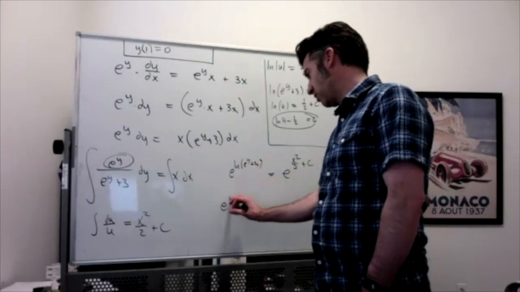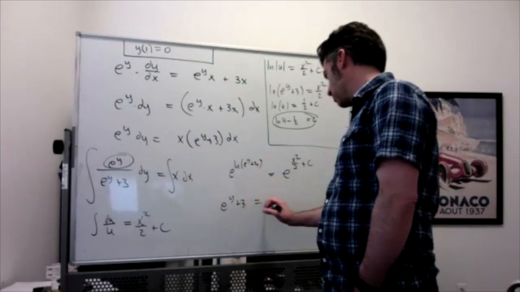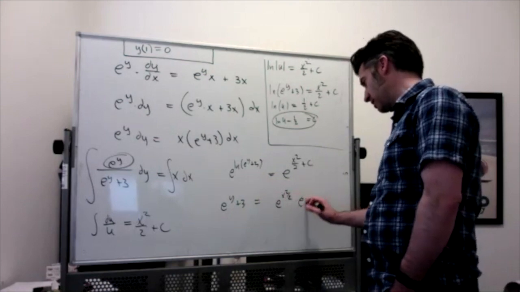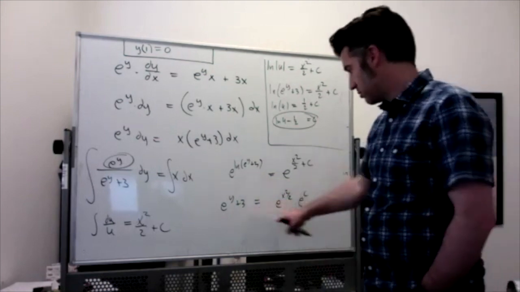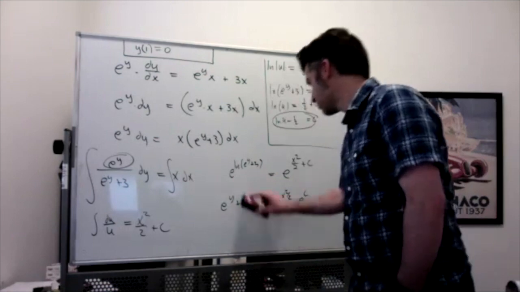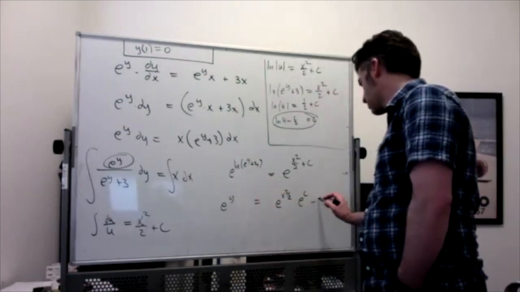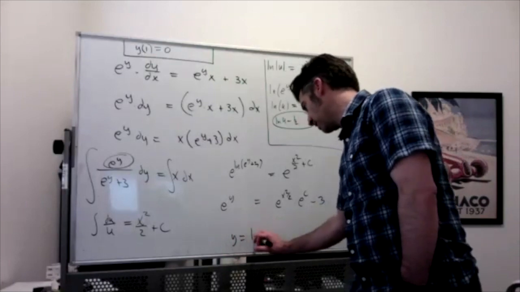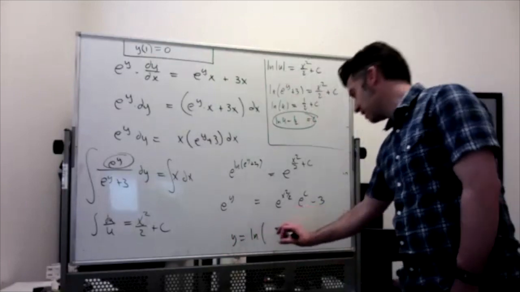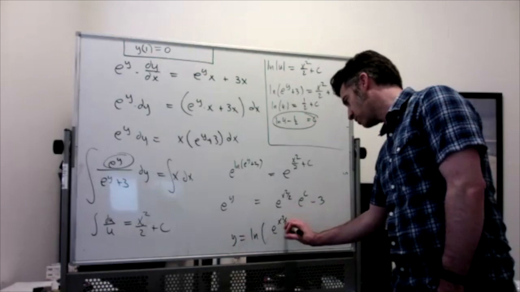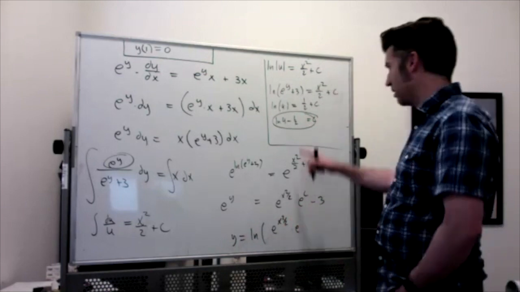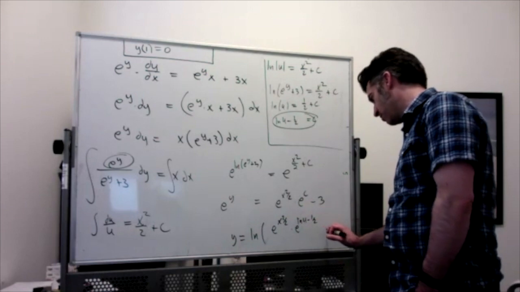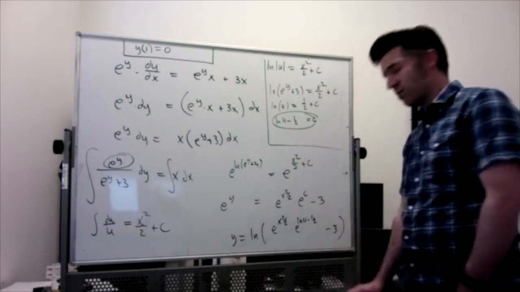So I get e to the y plus 3 equals e to the x squared over 2 times e to the c. Subtract 3. Take the natural log of both sides. So that y equals the natural log of e to the x squared over 2 times e to the natural log of 4 minus 1/2, minus 3. Kind of gross.